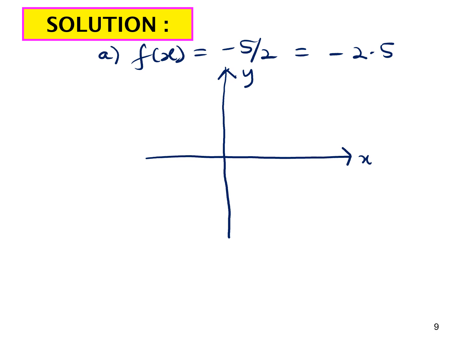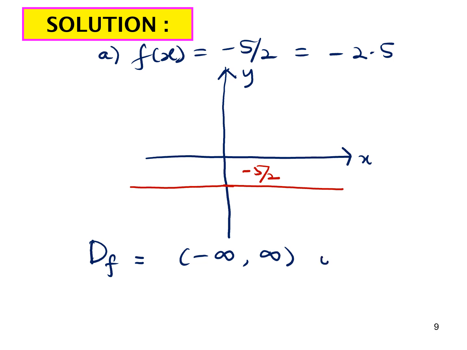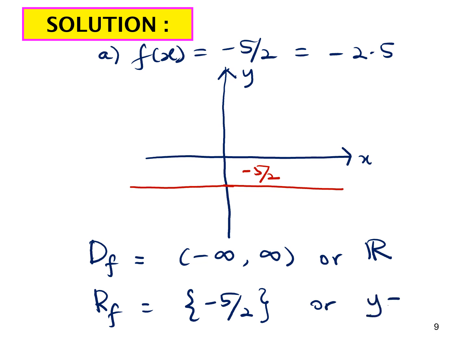This is a constant function, so put -5/2 here and draw a constant line. From this, we can write the domain: all x are defined, so negative infinity to infinity, or real numbers. For the range of f, we can write -5/2, or y equals -5/2.